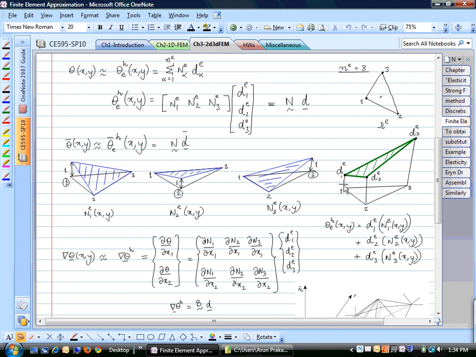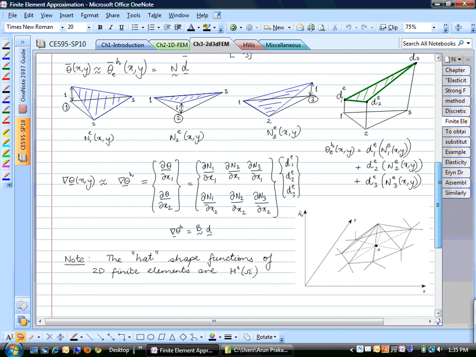So let's say the nodal values are these d_e1, d_e2, d_e3. If you just draw these 3 points in space, you can pass a plane through all those 3 points, and all the values within the plane you can calculate with this expression, N times d. So that's just a linear interpolation of the values of temperature between the 3 nodes of the triangle.